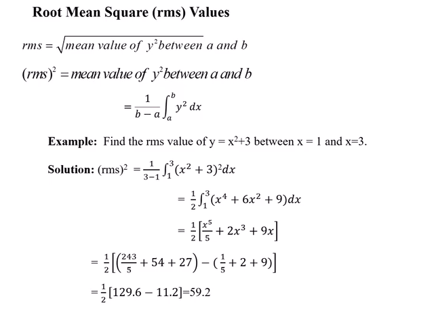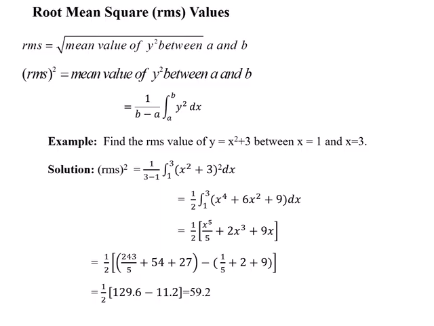So that is the formula there. So we now have this example under it. Find the root mean square value of y equal to x squared plus 3 between x equal to 1 and x equal to 3. Then we have the solution. The root mean square formula is 1 all over b minus a integral y squared dx from a to b.